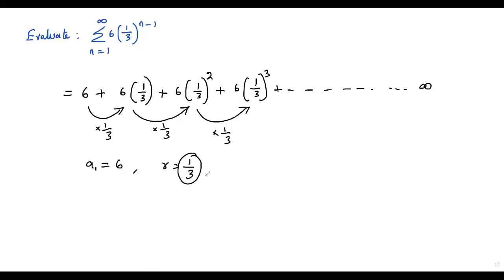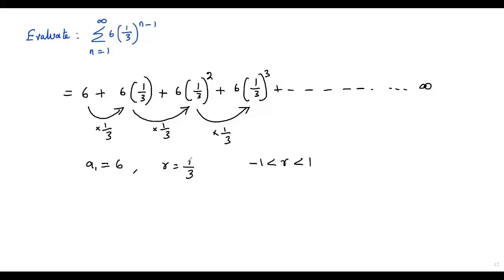For an infinite geometric series, if r is between -1 and +1, it is convergent and we can evaluate it. If r is greater than 1 or less than -1, the series is divergent and we cannot evaluate it.